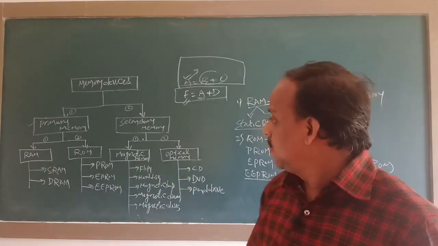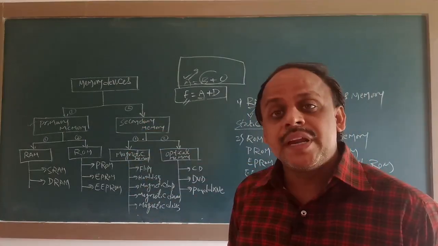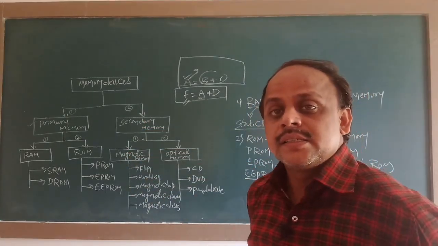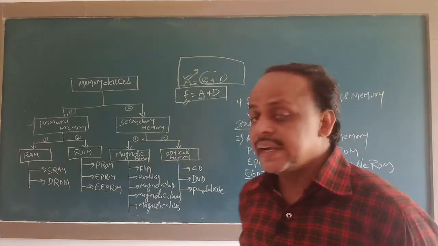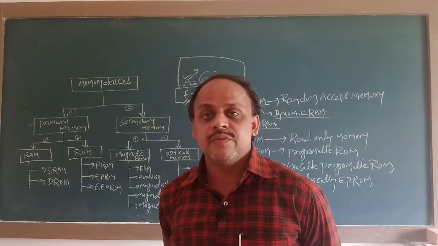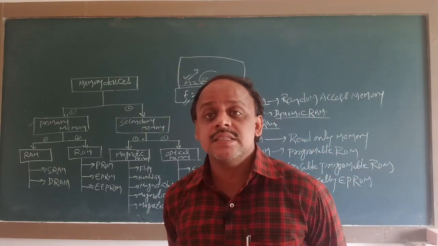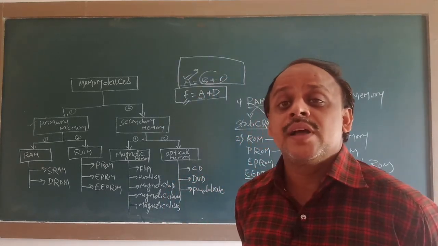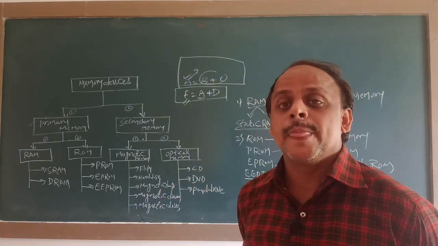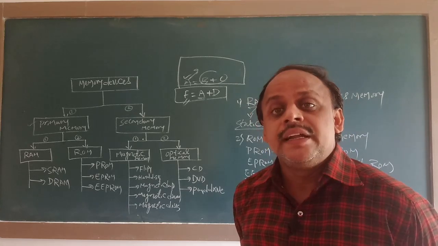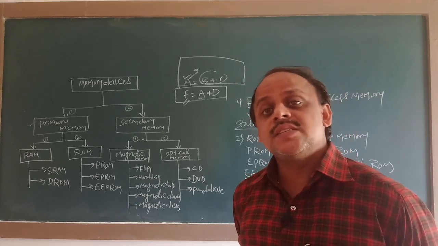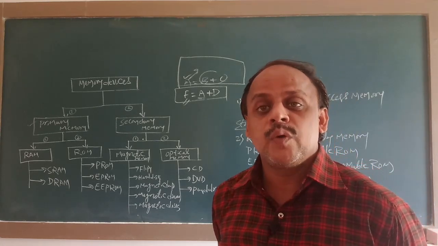So when primary memory devices such as ROM and RAM are going to be used, he says primary memory devices are used to store intermediate results as well as final results of a program.